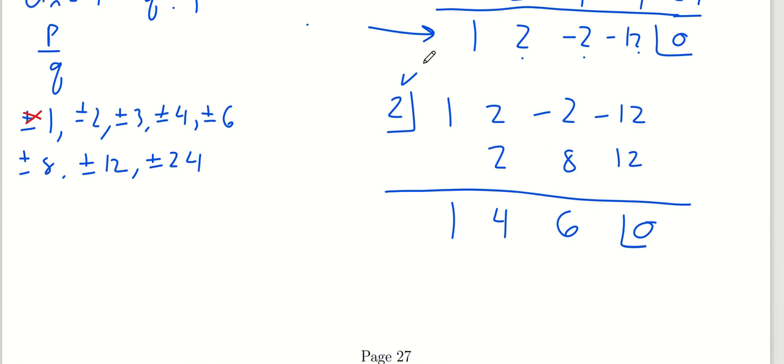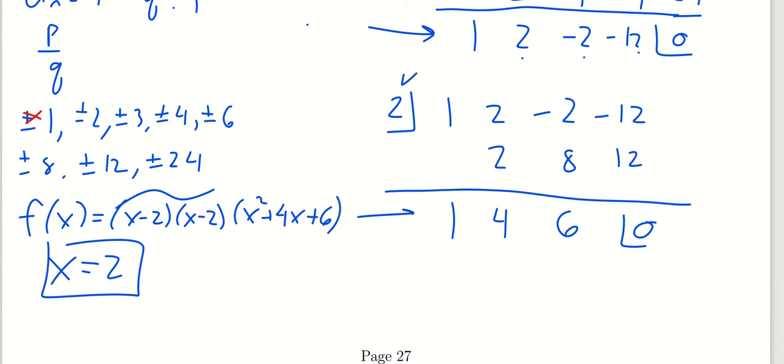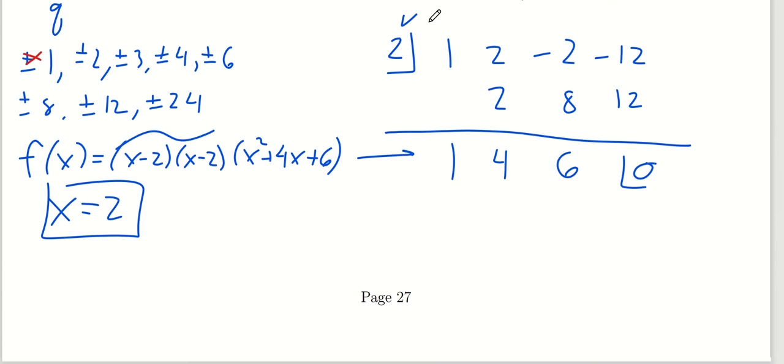So right now we can factor f of x, if you're keeping track of the factorization. This is x minus 2, you have another factor of x minus 2, and the quotient is x squared plus 4x plus 6. Of course, you can write this in exponential notation. But so far we have the zero x equals 2, which is repeated. X equals 2 has multiplicity 2.